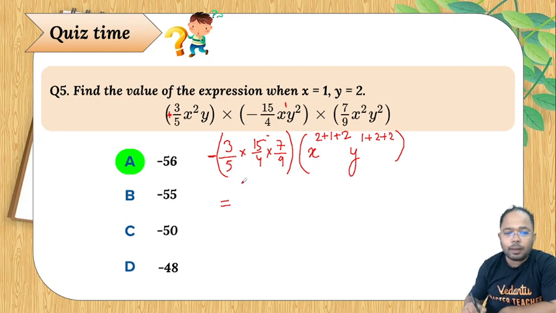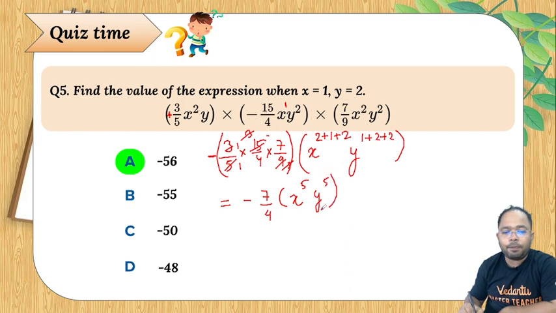Now let's see if we can cut anything. 5 ones are 5, 5 threes are 15, 3 ones are 3, 3 threes are 9, and 3 gets cancelled with this 3. So what are we left with? We are left with minus 7 by 4, x to the power 2 plus 2, 4 and 1, 5, y to the power 5.